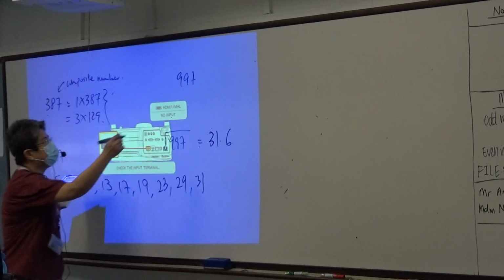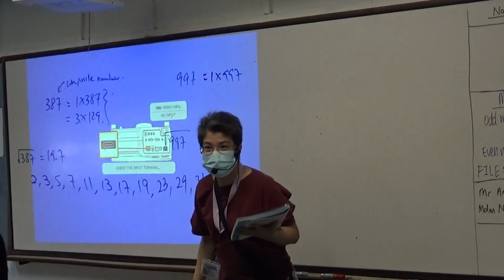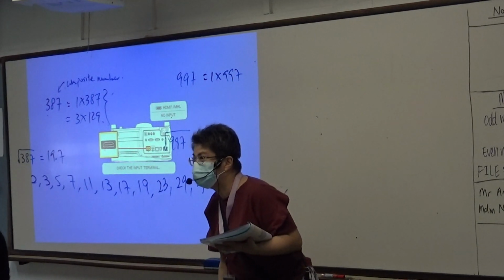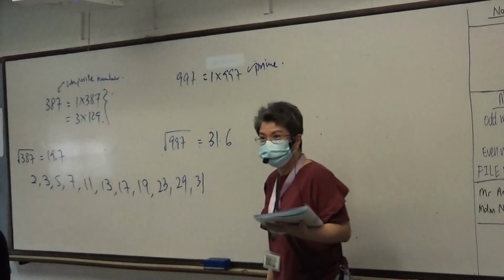If you cannot, that means this one only has one factor pair, 997. It cannot have other combinations. So is this a prime number? Yes. So this is a prime number.